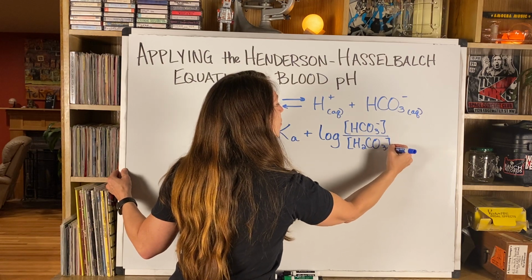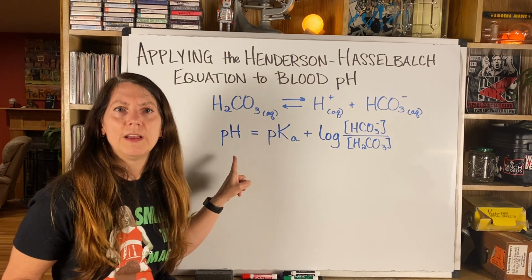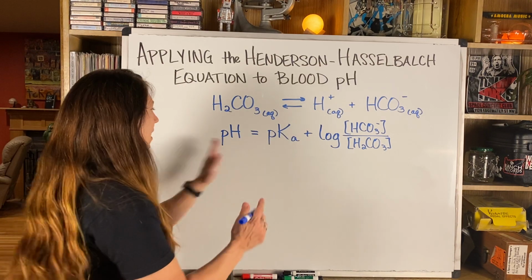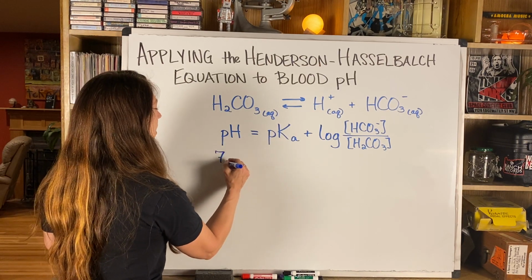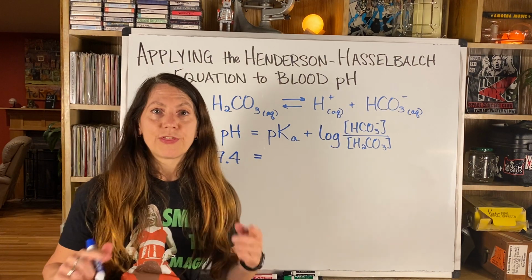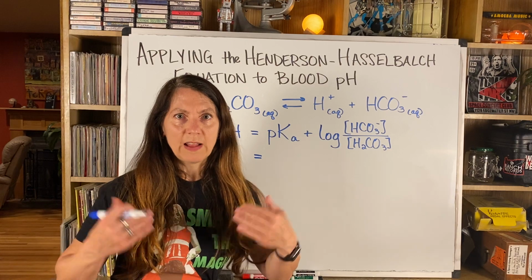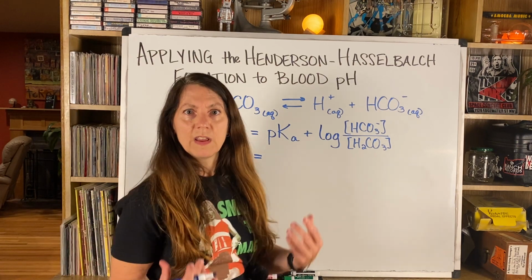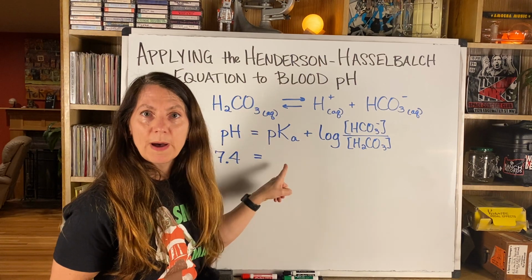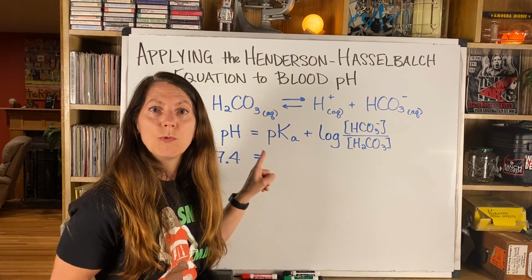Okay, so we know that in blood we must maintain pH of 7.4. So let's put that in as our target pH. All right, at 37 degrees Celsius, that's body temperature in Celsius, the pKa of our weak acid, of our carbonic acid, is 6.1.